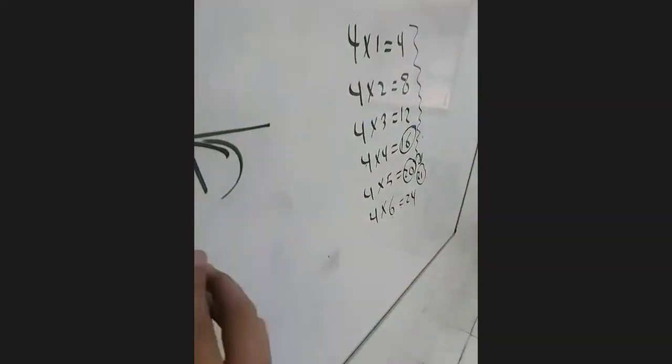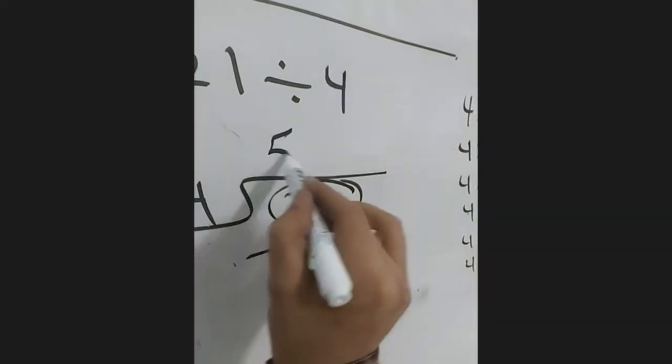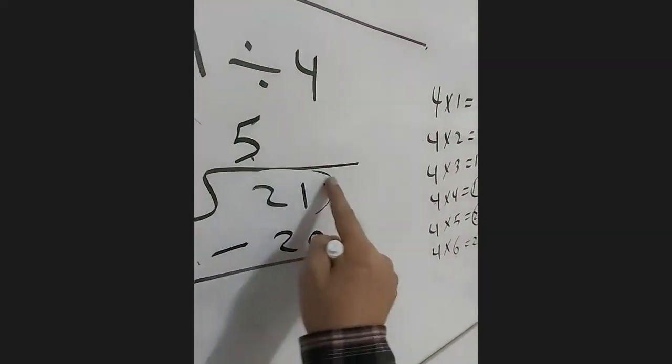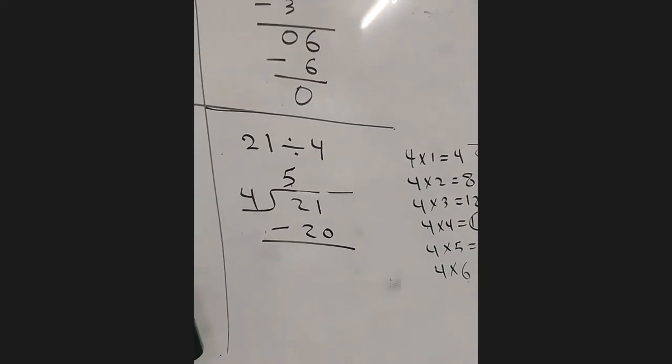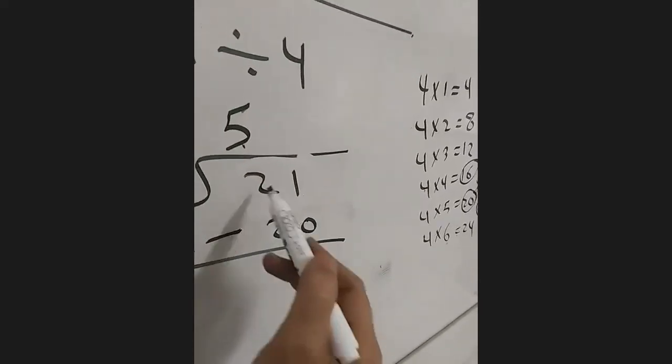So my correct answer is what now? 20, by 5, as you said before. Now 5 times 4 is 20. Now 21 minus 20. 1 minus 0 is 1, 2 minus 2 is 0.